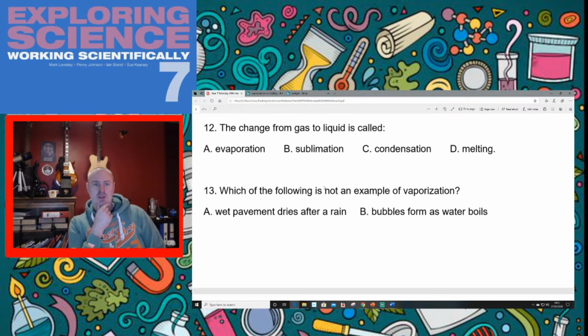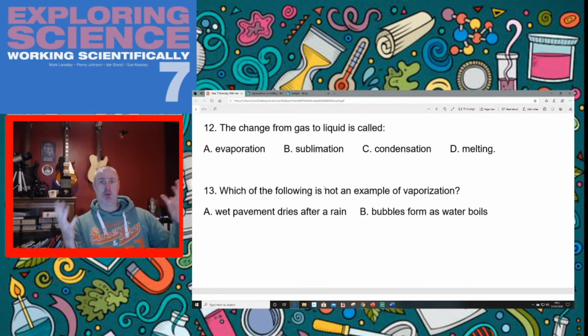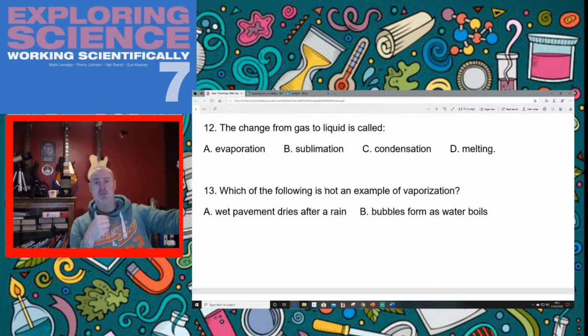Question 12. The change from a gas to a liquid. When I've got, for example, water vapor, steam, as a gas in the air, maybe I get out of the shower and it's really hot. I walk over to my mirror and I see water droplets forming on the cold mirror. It's gone from a gas to a liquid.